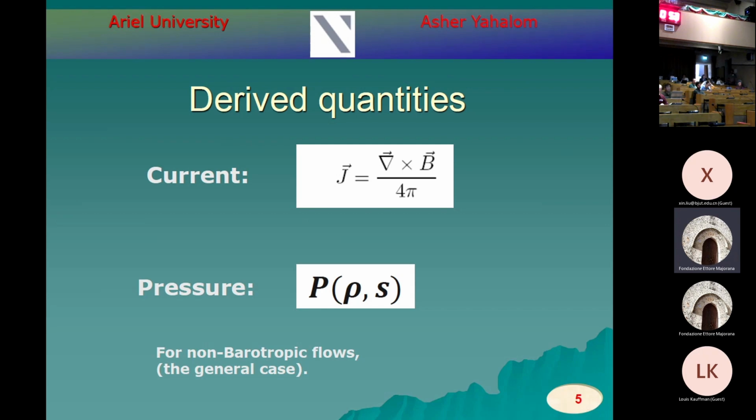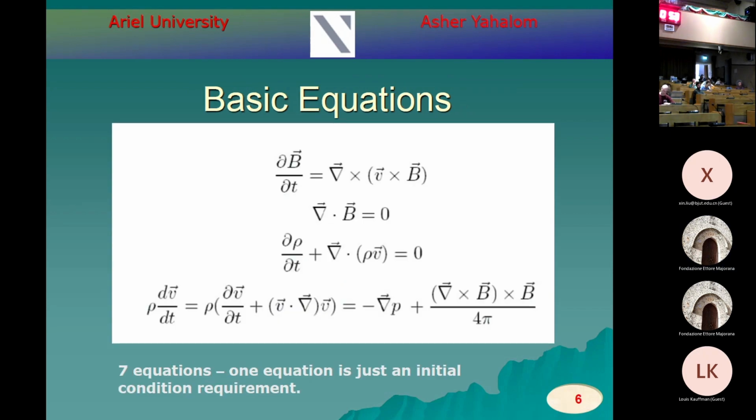In MHD J, the electric current, is curl B. We don't have displacement current, and a pressure is a function of density and specific entropy. And this is the case of a non-barotropic flow. It's the more general case. In the barotropic case, we just have P as a function of rho.